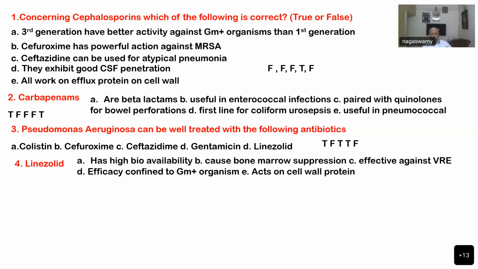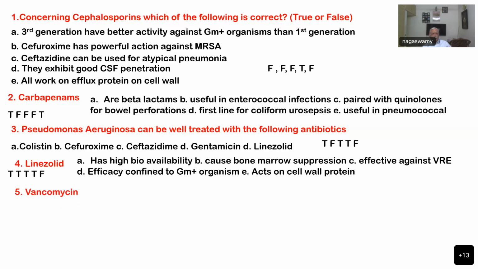Which are true and which are false? These four things are true: it has high bioavailability, it can cause bone marrow suppression, it is effective against vancomycin resistant enterococci. The efficacy is confined to gram-positive organisms, but that it acts on cell wall protein is not true.